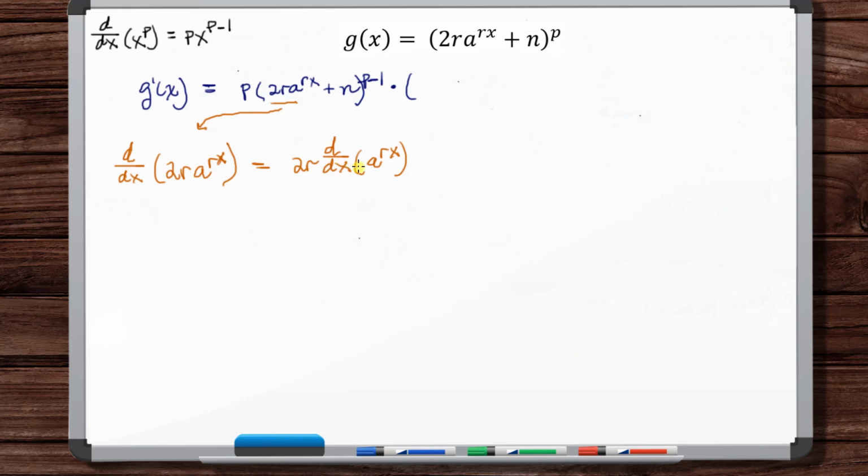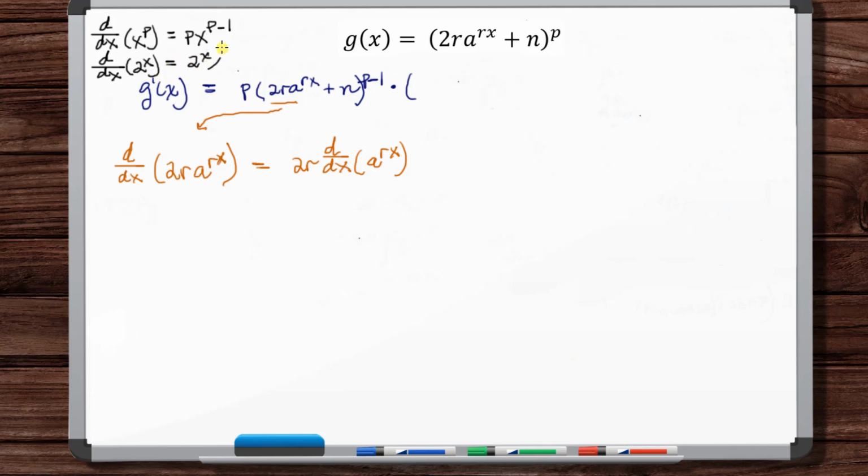Okay, so what do we know about exponentials, right? We have the derivative of a to the something. That's an exponential. That's like saying the derivative of 2 to the x. What do we know about the derivative of 2 to the x? So if we've got dx of 2 to the x, what is that derivative?